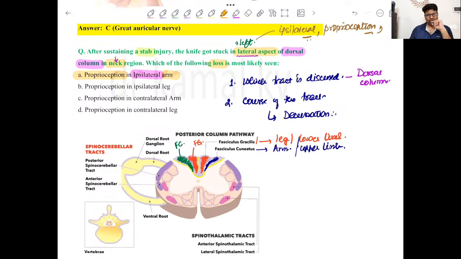So numbness, radial 3.5, volar side, of course volar side, and of course there is compression of median nerve, and that entity is known as carpal tunnel syndrome. And for carpal tunnel syndrome we do one test that is known as Durkan's test. So I think it's quite easy because the classical presentation is suggestive of carpal tunnel syndrome, which is compression of the median nerve.